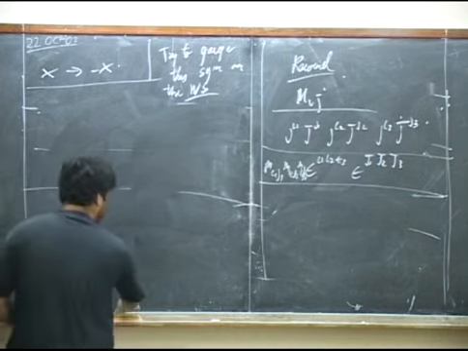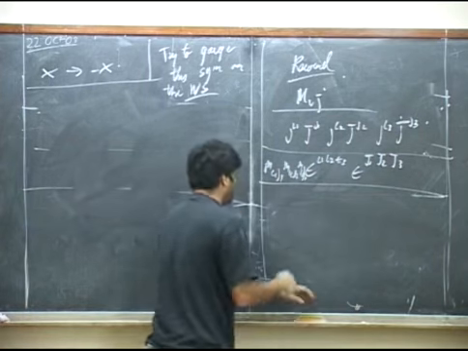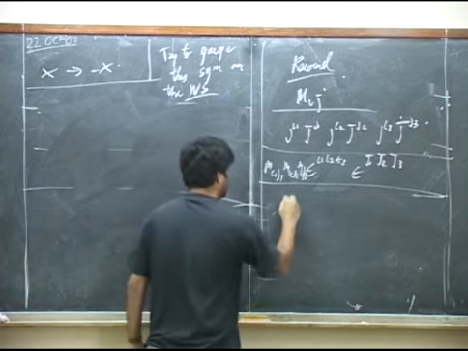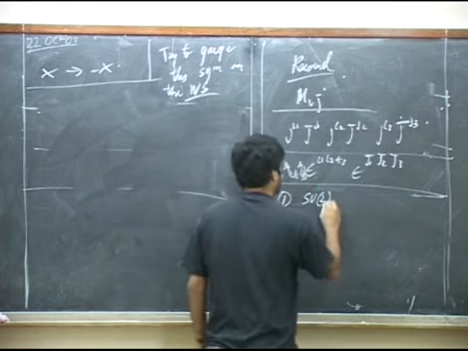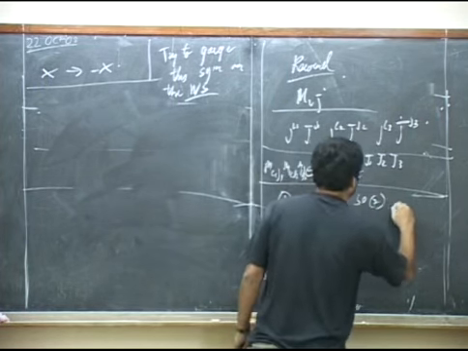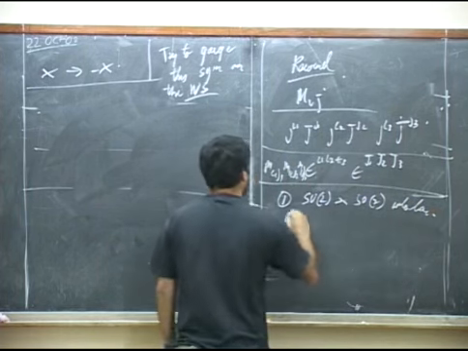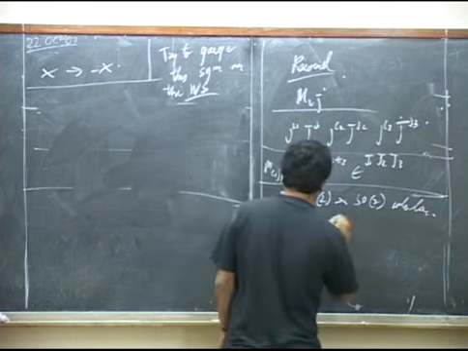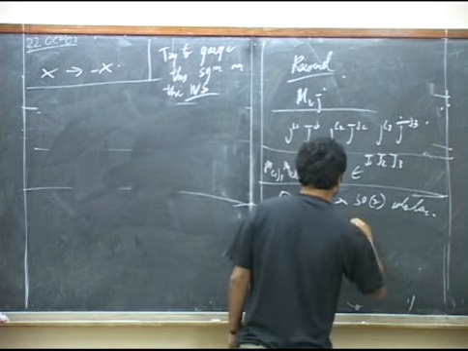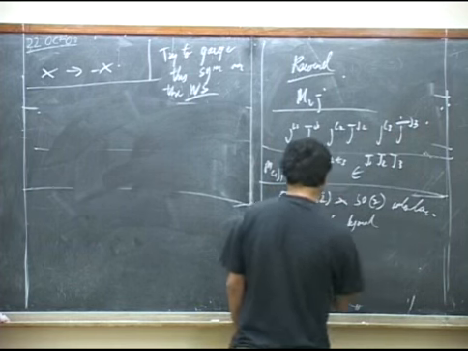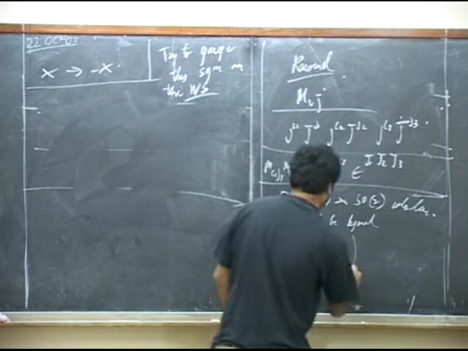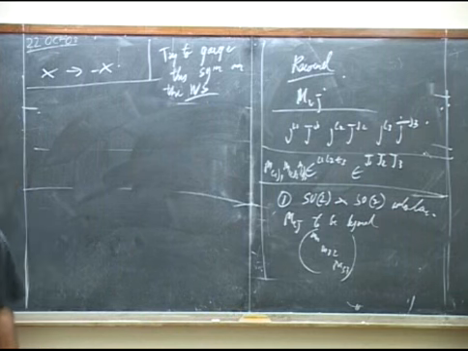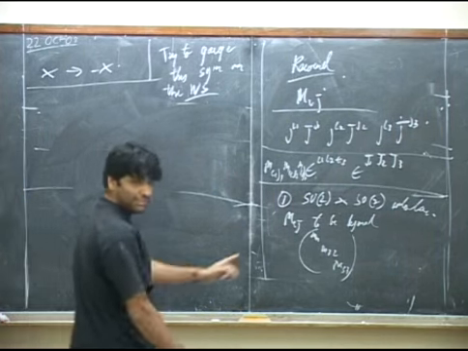Now, I'll say a couple of things, part of which I'll leave as exercises. The first one is that I want you to show that you can always use an SU2 times SU2 to set m_{i j-bar} to be diagonal, to take the form m11, m22, m33. Just as a sanity check, let's do some counting.